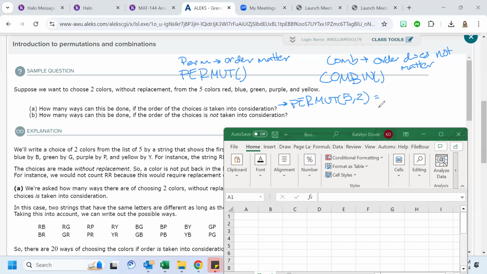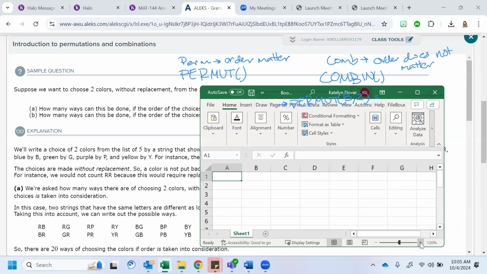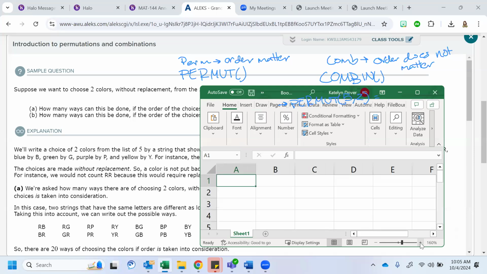So now this is where I'd go ahead and I'd switch to Excel. I click into any blank cell I have in there. Let me go ahead and zoom this in so you can see what I'm doing. You can open a blank Excel and type in any white cell you want.